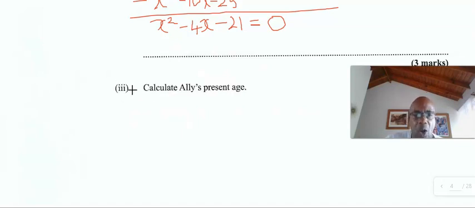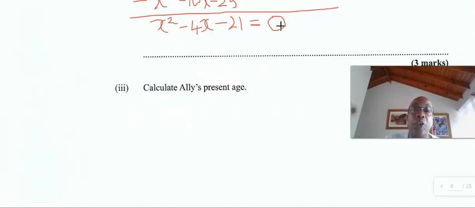Part 3 of the question asks to calculate Ali's present age, which is really the value of X. So it means we have to solve this equation to find X.